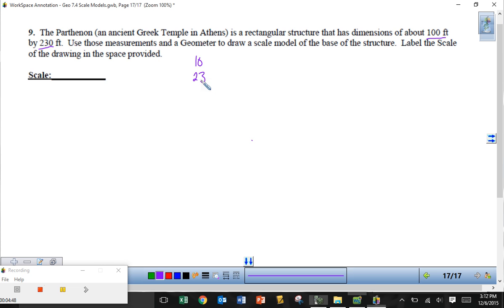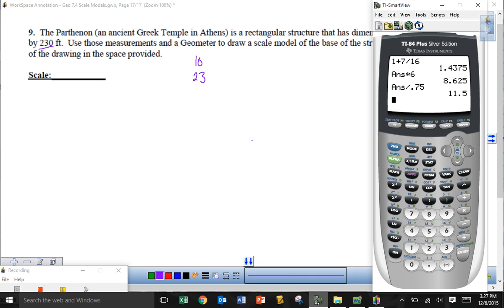Now, for us, if we're using our geometer, and since we're working with feet, the most common thing to compare that to is using inches. Would it be possible for us to fit 10 inches by 23 inches on this paper? Okay, obviously not in our case here. So what we want to do is go find some numbers that would be able to fit. Okay, so instead of dividing by 10, let's try dividing by 20 instead.